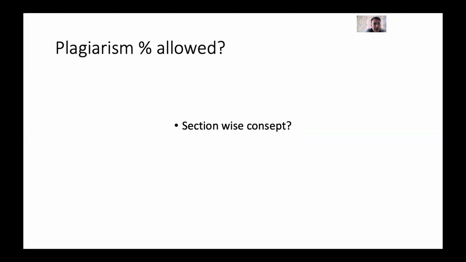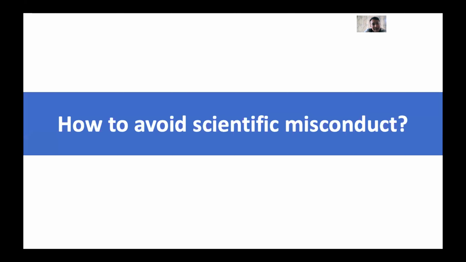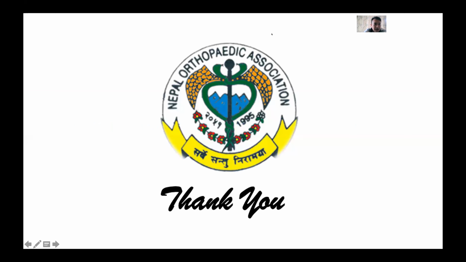So you can compare excluding the introduction, or you can compare excluding the references also. You are more likely to have similarity in the introduction, because that is common knowledge available on the platform. But the similarity should be less in the methodology and results sections, and there will again be some increase in similarity in the discussion section. So methods and results should have less similarity.